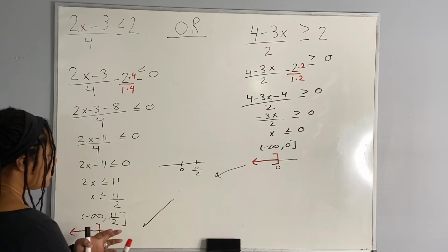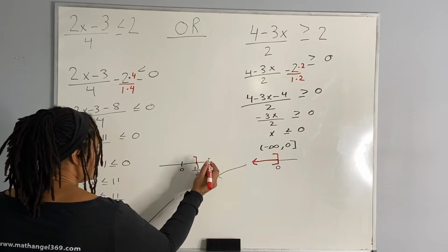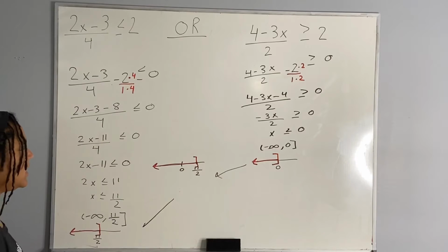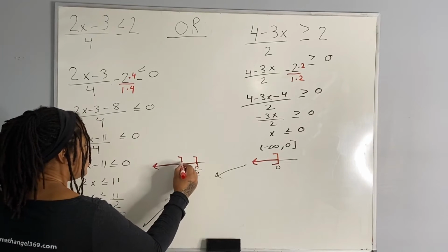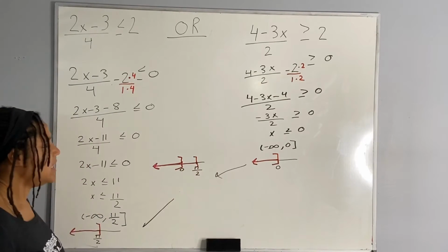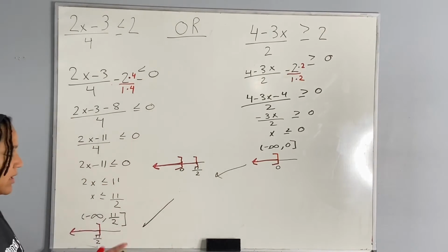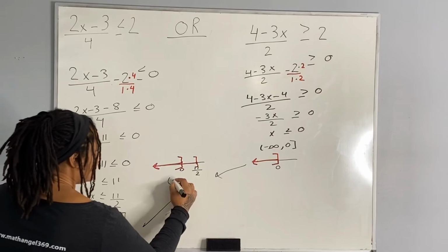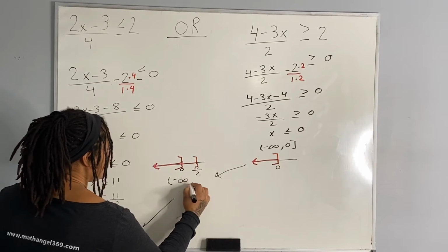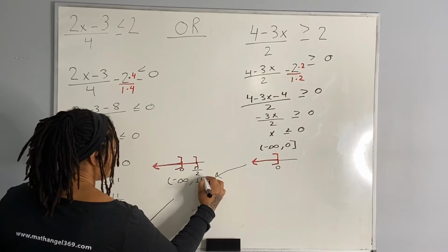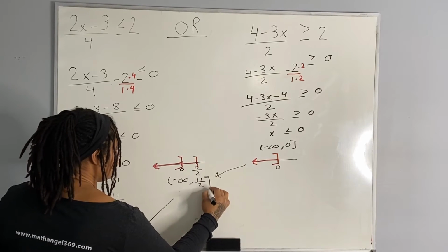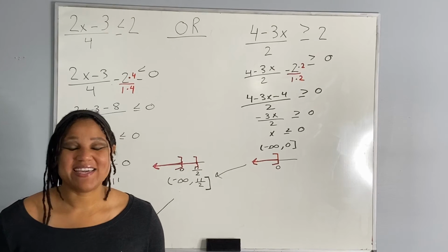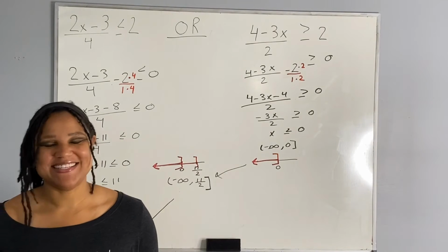So the first graph started from 11 halves all the way to negative infinity, and the second one started from 0 all the way to negative infinity. And if I were to unite them, then we will say that both of them together is from negative infinity to 11 halves with a bracket. And that is how you solve a compound OR inequality.